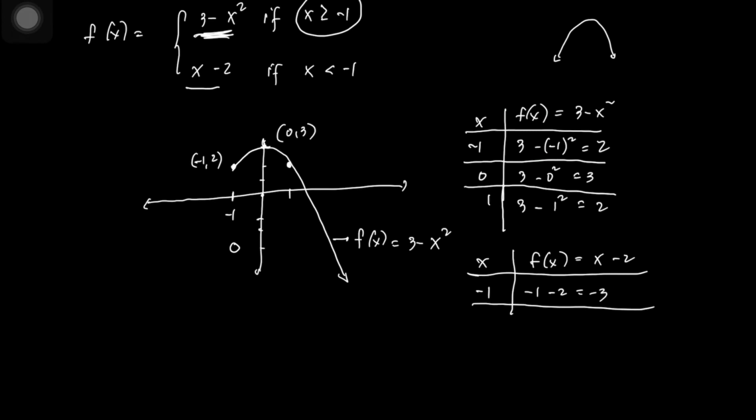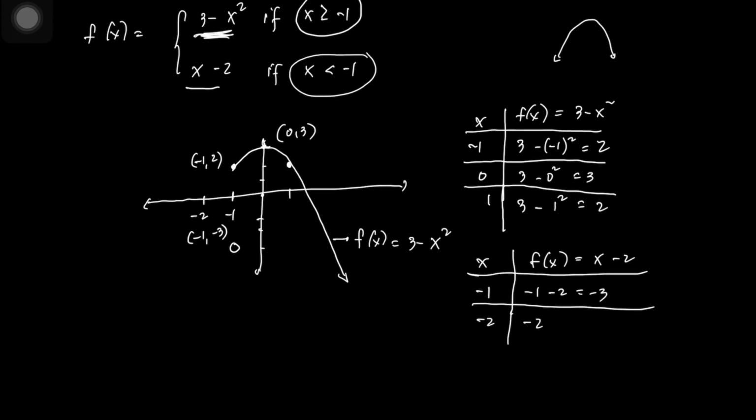But that's not a shaded circle because the condition is x less than -1. It's not less than or equal to. So -1 is not included. So the ordered pair there is -1, -3.